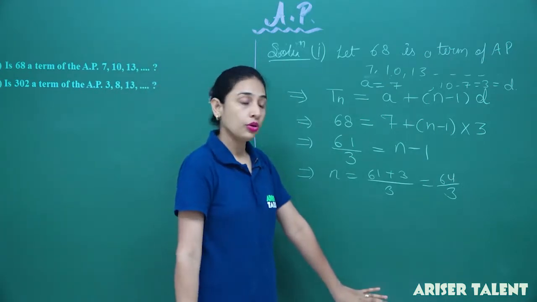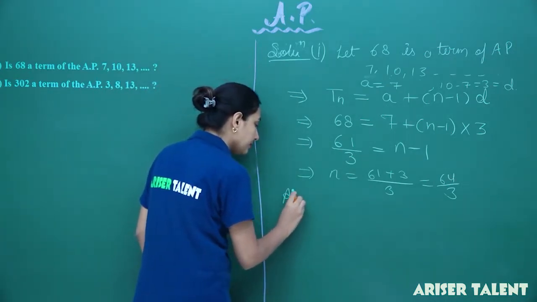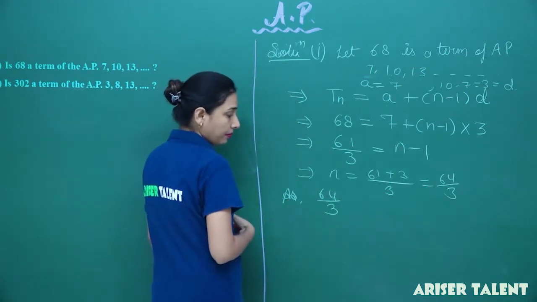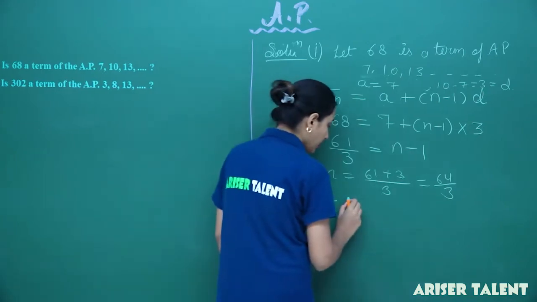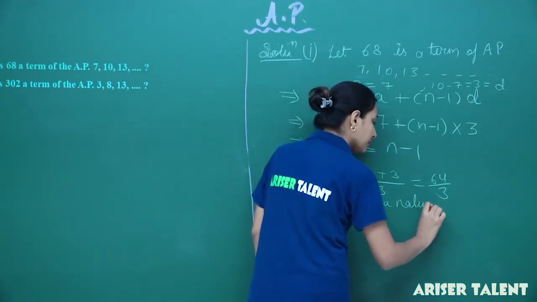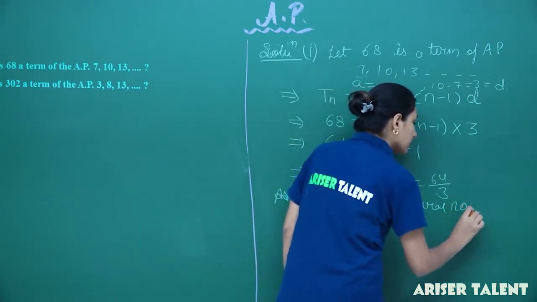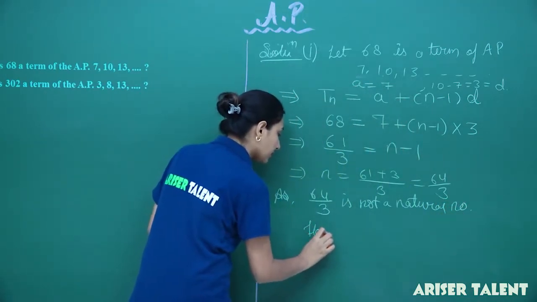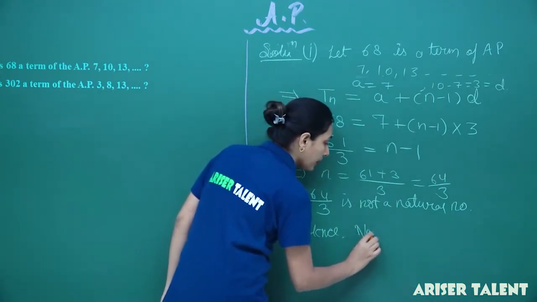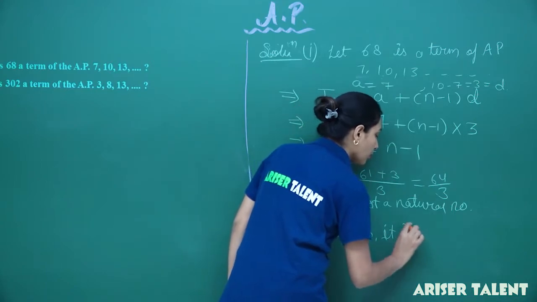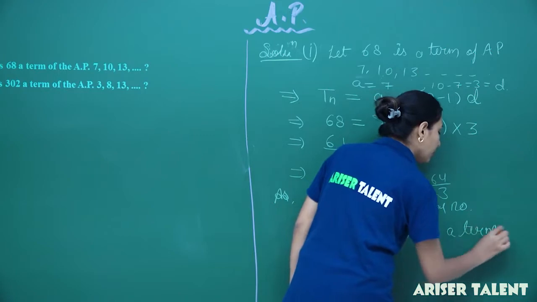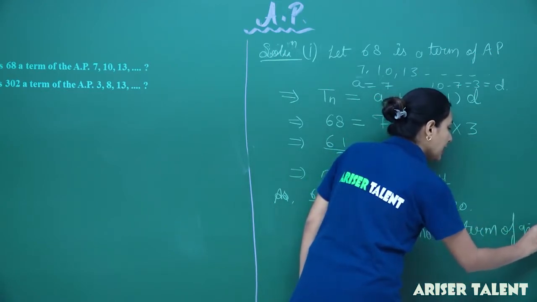No. As 64 by 3 is not a natural number, hence it is not a term of the given AP.